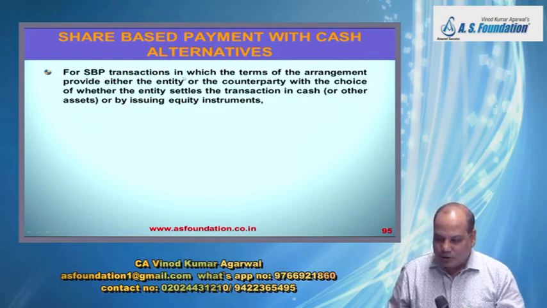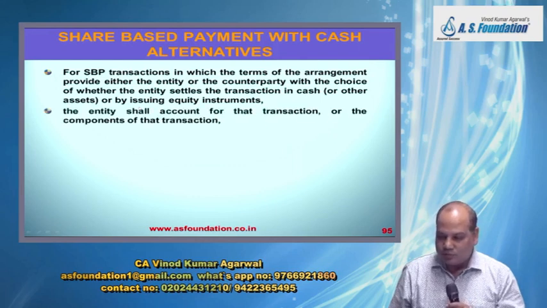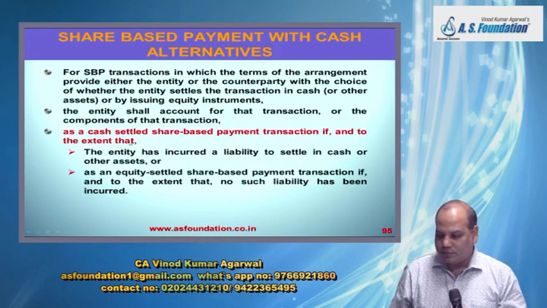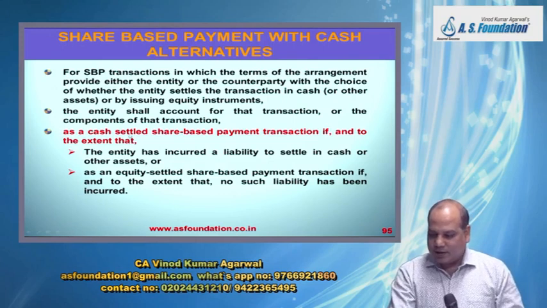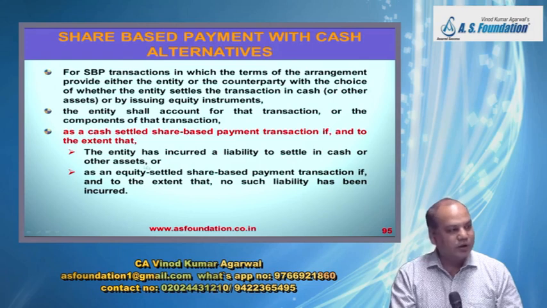So for an SBP transaction in which the terms of the arrangement provide either the entity or the counterparty with the choice of whether the entity settles the transaction in cash or other assets or by issuing equity instruments, the entity shall account for the transaction, or the component of that transaction, as a cash settled share-based transaction if and to that extent the entity has incurred a liability to settle in cash or other assets.